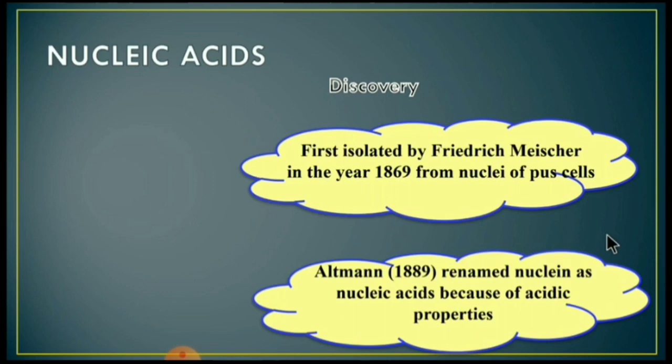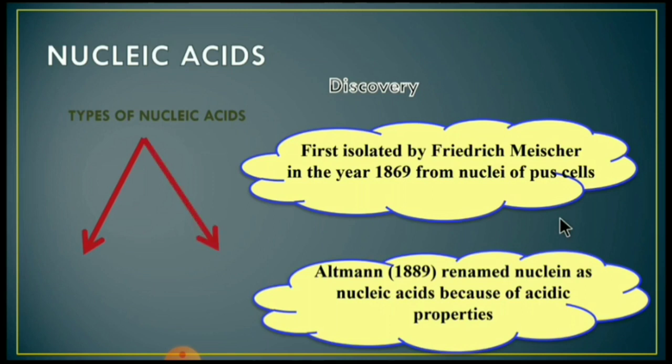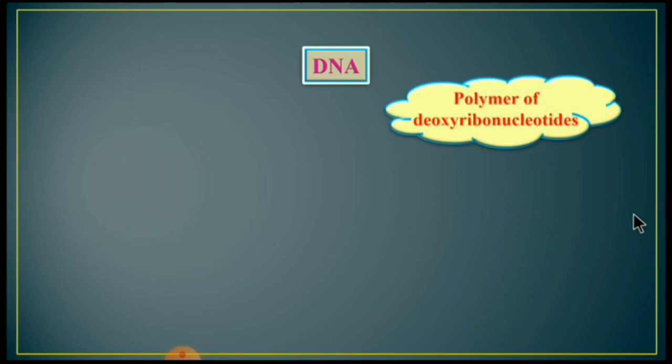According to Altmann and Frederick Miescher, there are two types of nucleic acids. One is DNA, another one is RNA: deoxyribonucleic acid and ribonucleic acid. DNA is a polymer of deoxyribonucleotides, whereas RNA is a polymer of ribonucleotides.